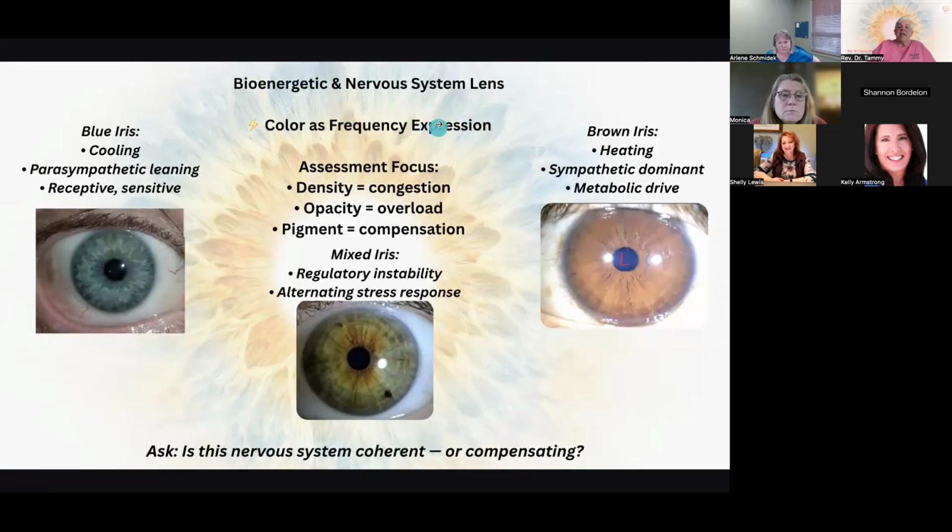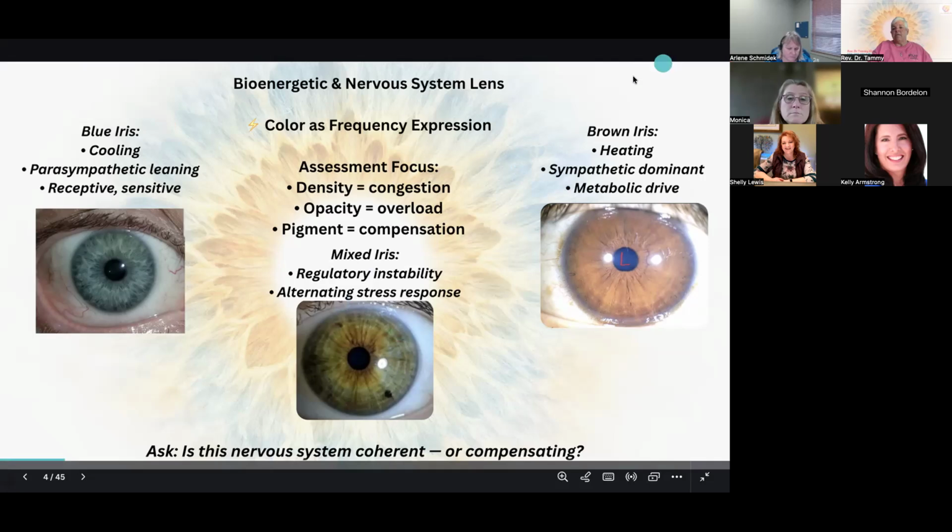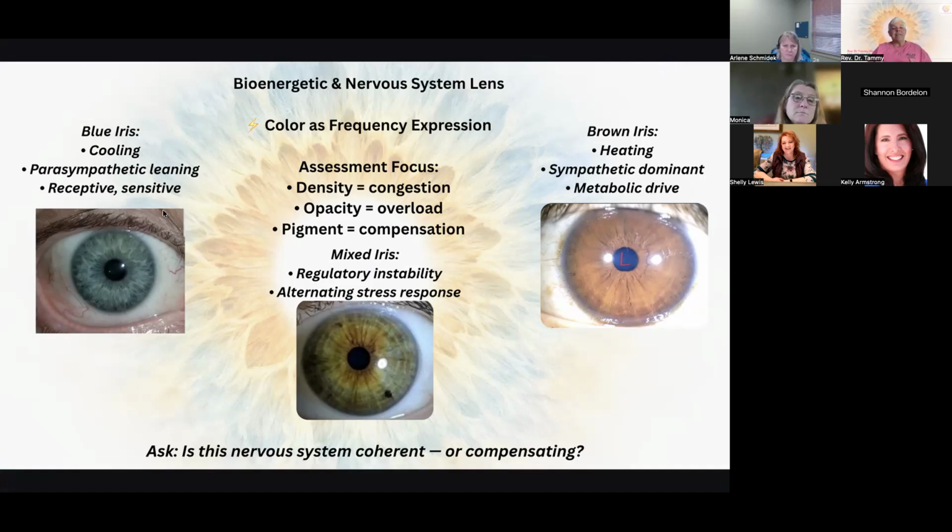So, the bioenergetic and nervous system lens. Blue iris is cooling, parasympathetic leaning, receptive, sensitive. Your mixed iris has more regulatory instability, alternating stress response, and you can see the stress in this person's eyes, the stress rings. Brown iris is more heating, sympathetic dominant, metabolic drive.